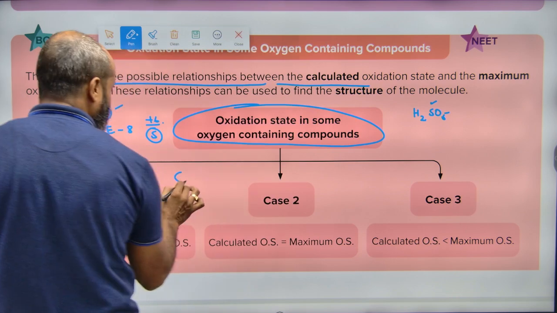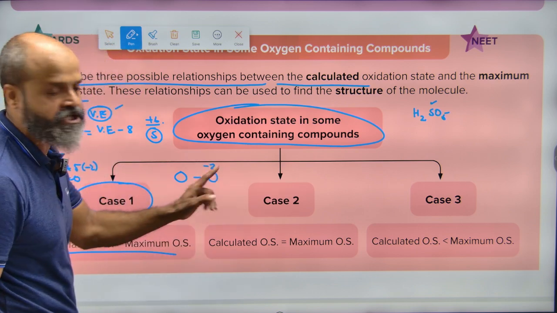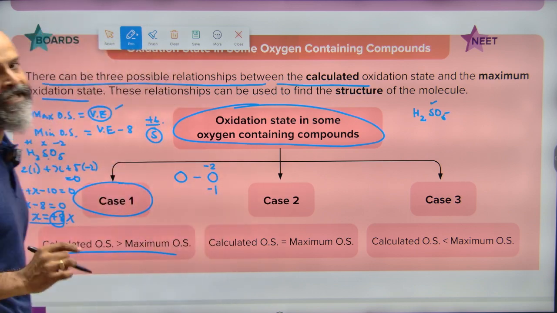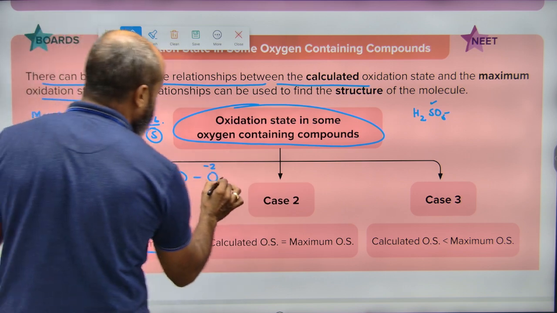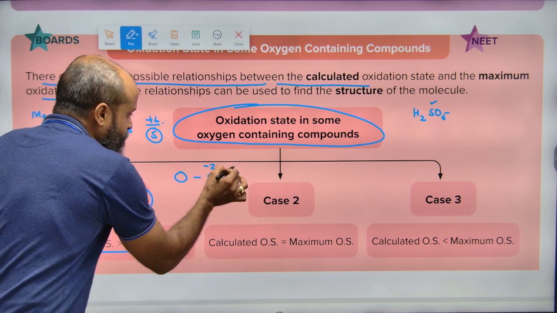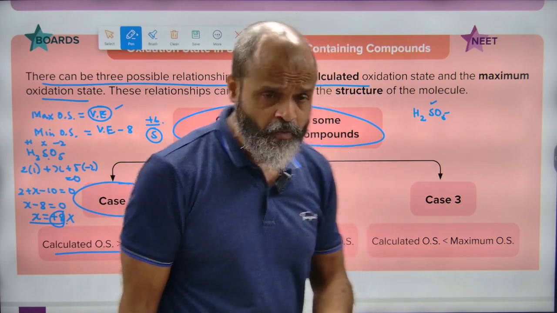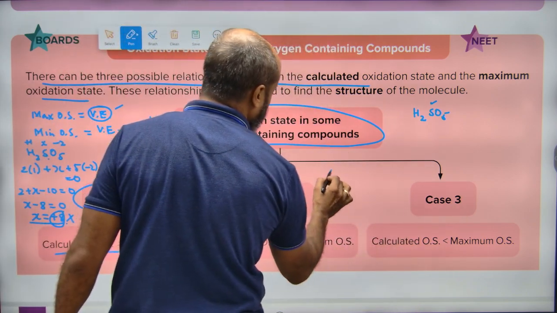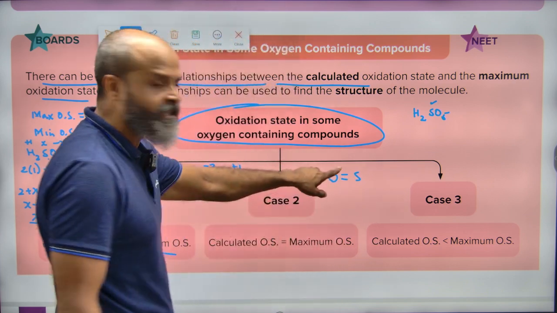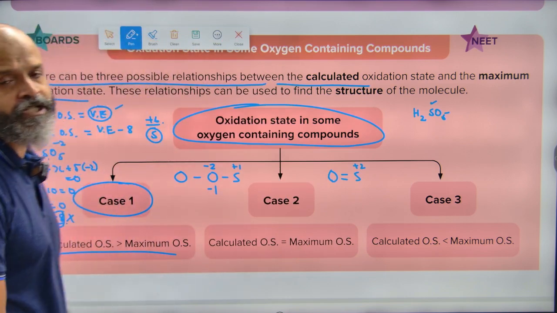So when we have a peroxide linkage like this, it is not assigned a minus 2 oxidation number. Here it is assigned a minus 1 oxidation number. And in case it comes in front of sulfur, sulfur gets a plus 1 for this oxygen instead of plus 2. Obviously, if oxygen is alone in front of sulfur, we get 2 double bonds, and that gives it an oxidation state of plus 2.